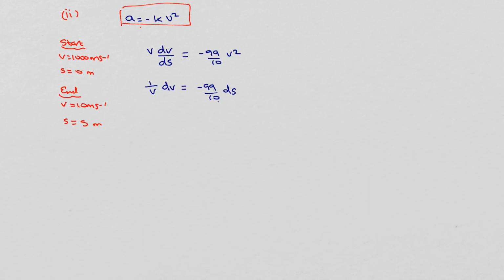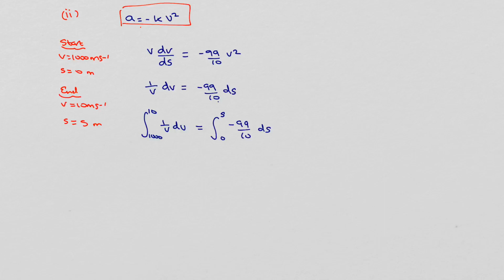Now if I put in my limits, I have the integral of 1 over v dv equal to the integral of minus 99 over 10 ds. Of course you can take your constant outside your integral sign. Our upper limit is 10 and our lower limit is 1,000 for v; for s, the upper limit is s and the lower limit is 0.